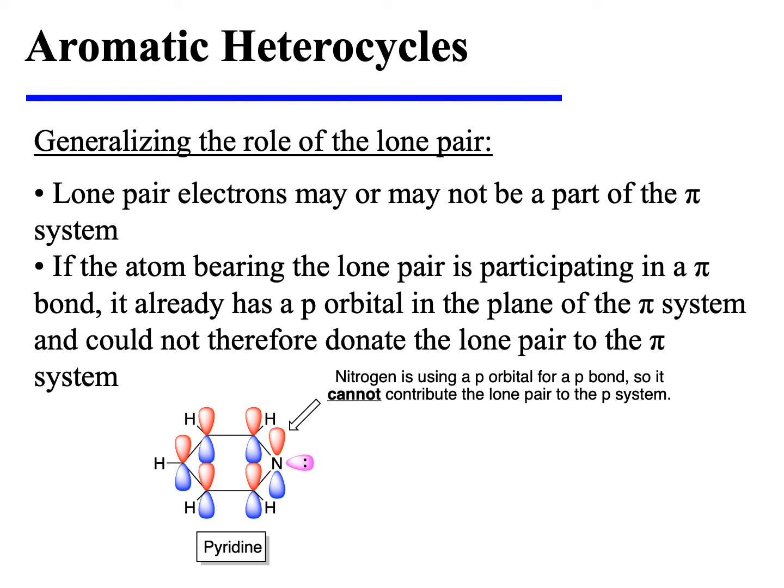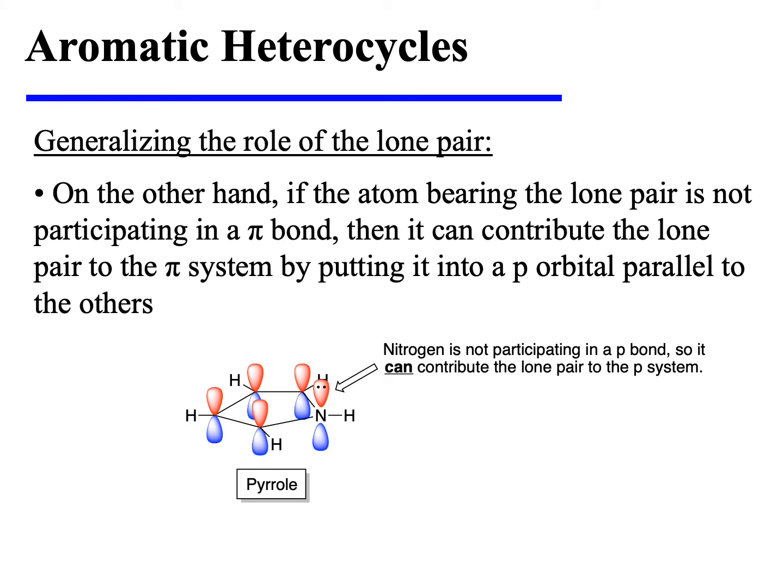If the atom bearing the lone pair is participating in a pi bond, it already has a p orbital in the plane of the pi system and could not, therefore, donate the lone pair to the pi system. Such was the case with pyridine, as shown on this slide.